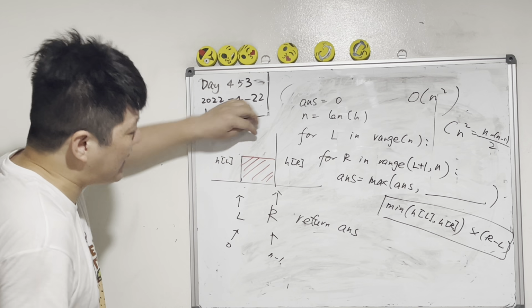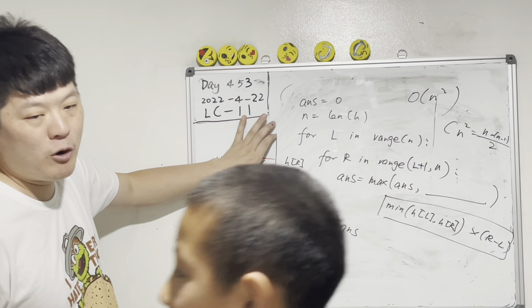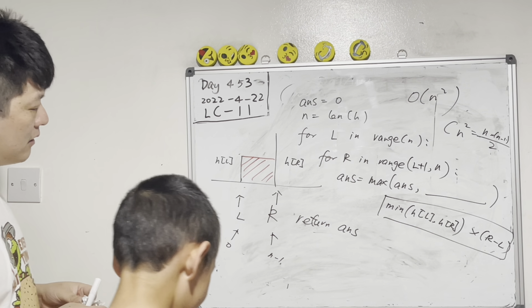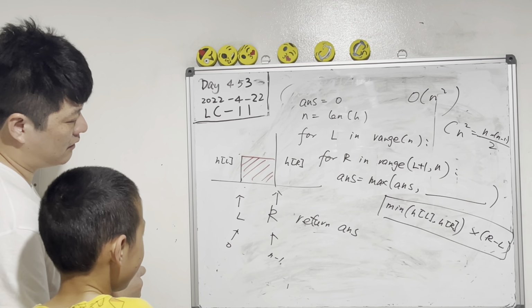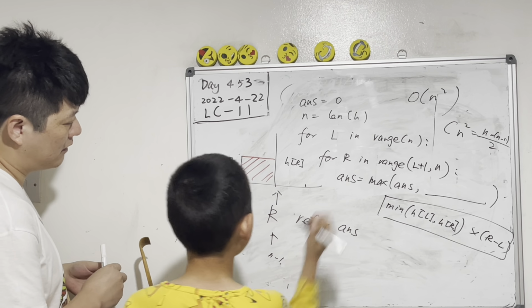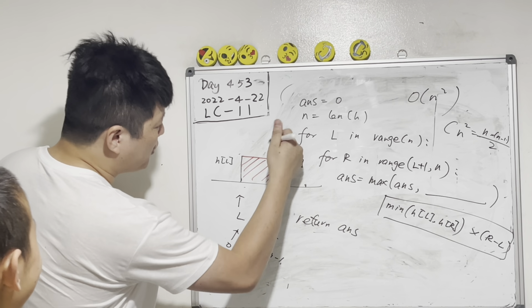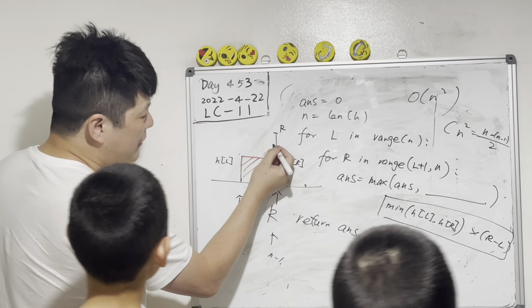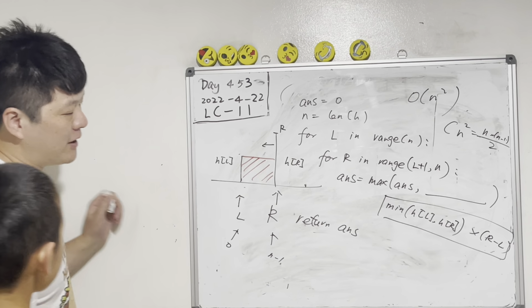Let's say if we move the bigger one towards the smaller one, what will happen? Look here. This is R here, right? This is longer than L. And if we move here towards the left, what will happen? The length here will become shorter. The length will be shorter.